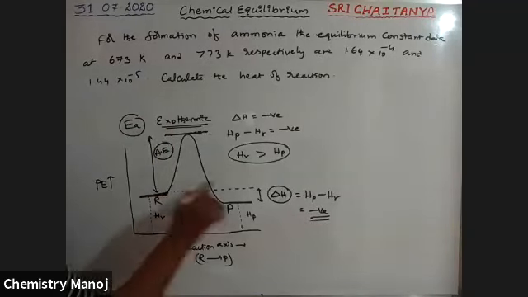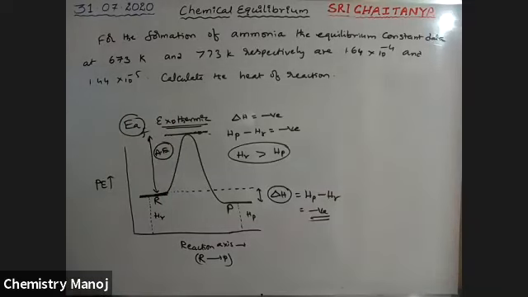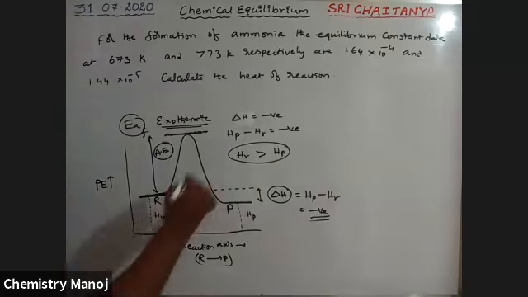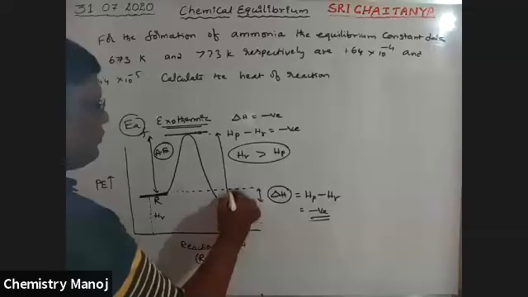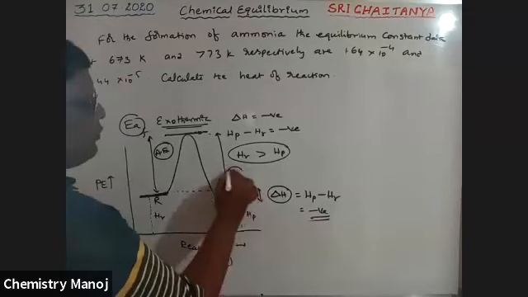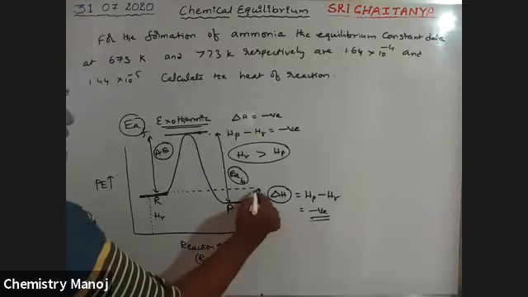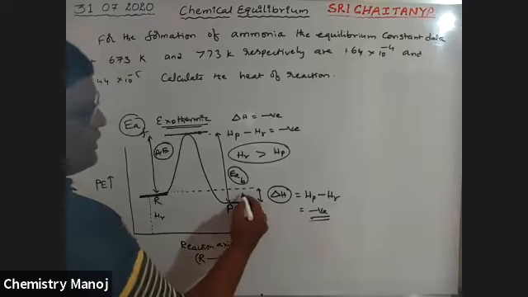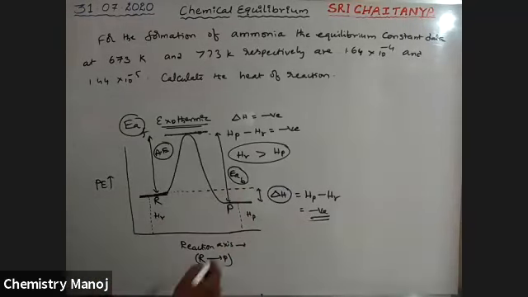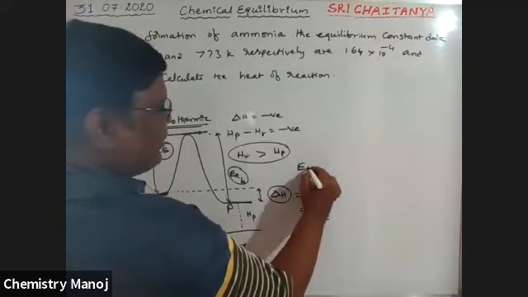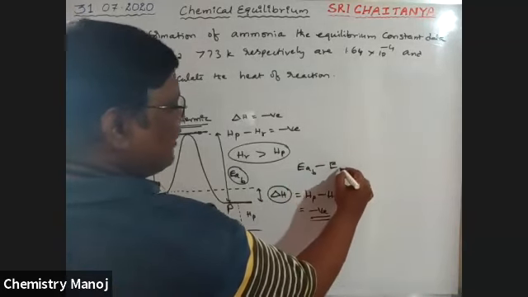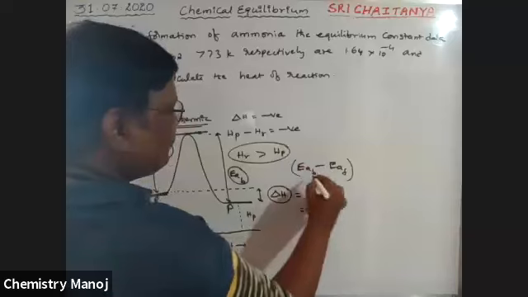Reactants to products is the forward direction, so it is the activation energy of the forward reaction. If products are converted into reactants, this is the activation energy for the backward reaction. Now this delta H is equal to activation energy of backward reaction minus activation energy of forward reaction.